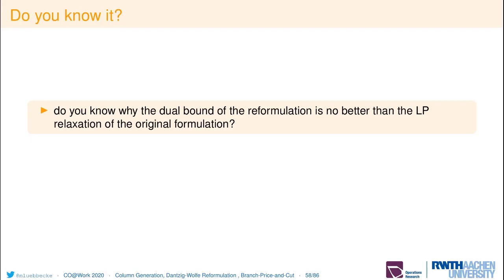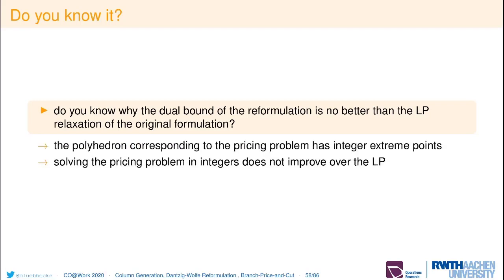So all the extreme points of that flow polyhedron are integer extreme points, and that means, we have seen that in the Dantzig-Wolfe reformulation, we cannot gain anything in terms of the LP relaxation, so it's the same bound as the original LP relaxation. So that's bad, but at least it showed us how the column generation mechanism works.